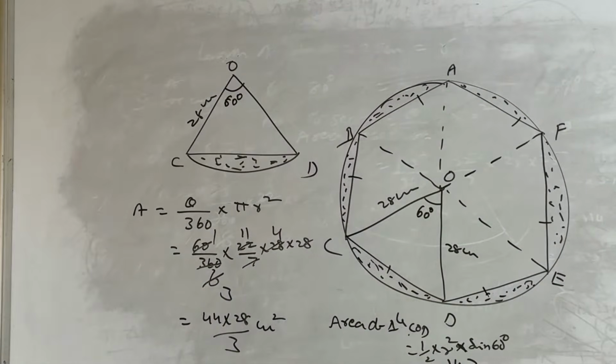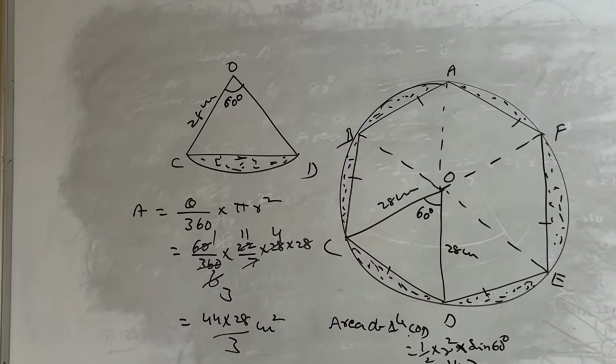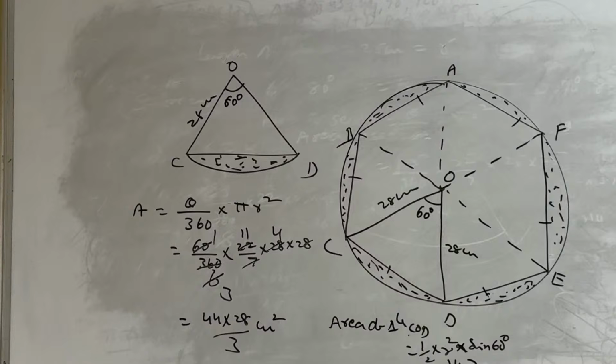Area of triangle: √3 by 4 into 28 into 28, which gives 7 into 28 √3, that is 196 √3. Now area of segment is equal to area of sector minus area of triangle. The √3 value is given as 1.7.